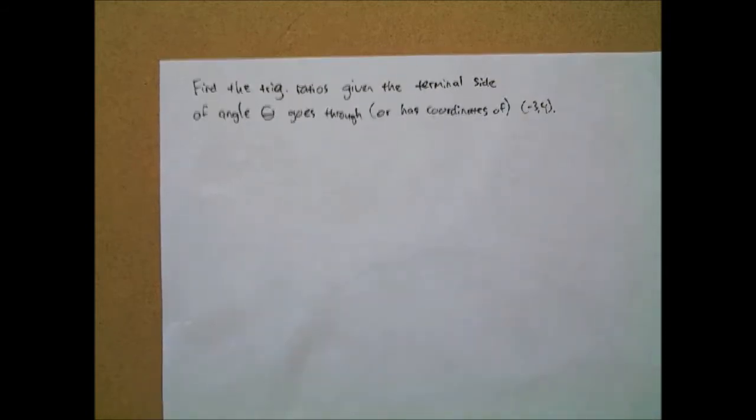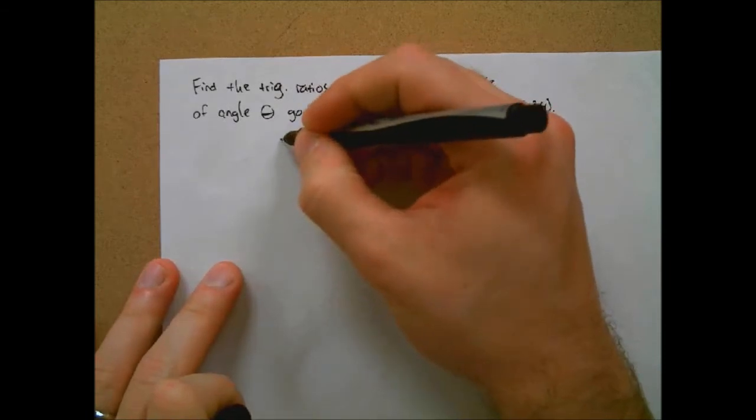Okay, so unlike the previous ones, we are given no trig ratio to start us off. We're not told sine of theta is this or tangent of theta is this. We're just given a terminal side to theta, and our terminal side has coordinates. So that means we're in the coordinate plane. So I'm going to draw a little sketch of our coordinate plane.